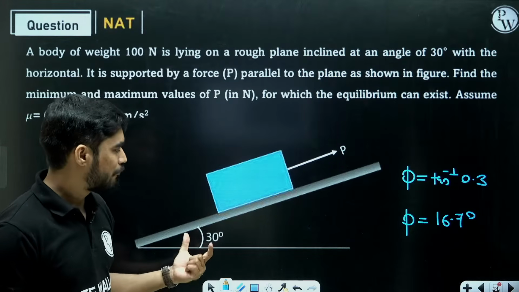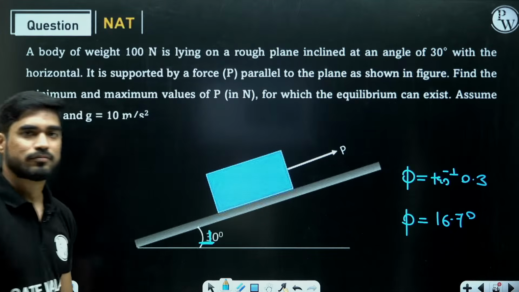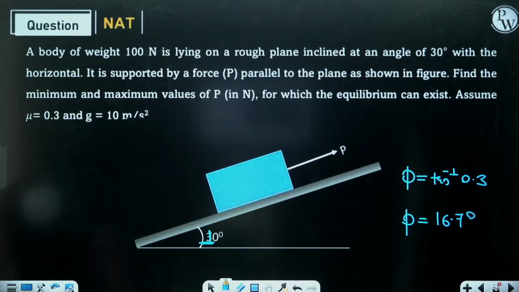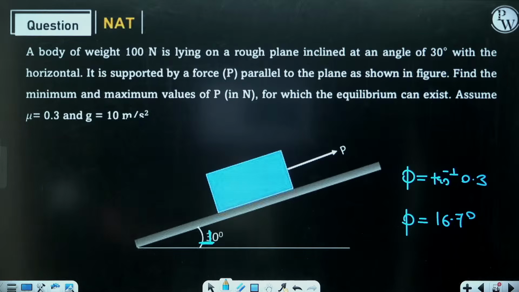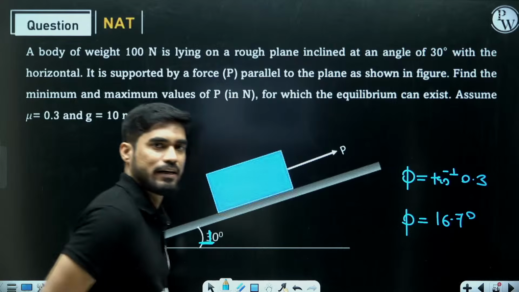But what if your angle of inclination is 10 degree? Now answer me. In this particular case, what is the minimum force P for which equilibrium can exist? Angle of inclination is only 10 degree, phi is 16.7 degree.